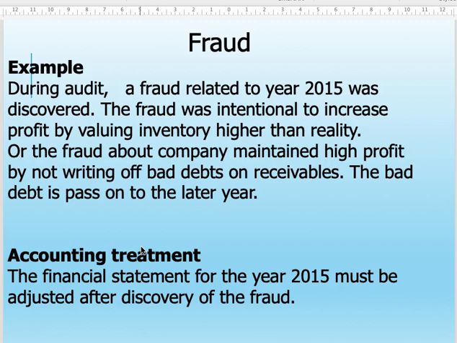Okay, in this example, we're assuming that we are in 2015. So the adjusting event occurs after you close that 2015 account. So there was a fraud. Of course, you have to make an adjustment, just like what you did in MFRS 108, accounting policies, changes in accounting estimates and errors. Okay, we have to do the adjustment.